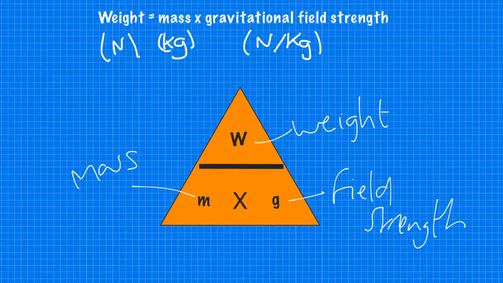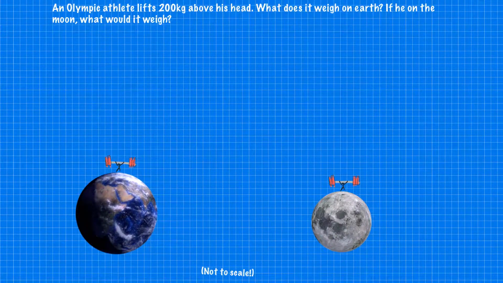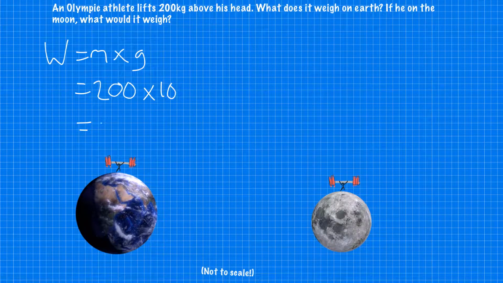So we are calculating the weight, so we cover that up, and we can see that it'd be m times g. So on Earth, we can see the weight equals mass times gravity, which equals 200 times 10, which would equal 2,000, and remember weight is a force, newtons.